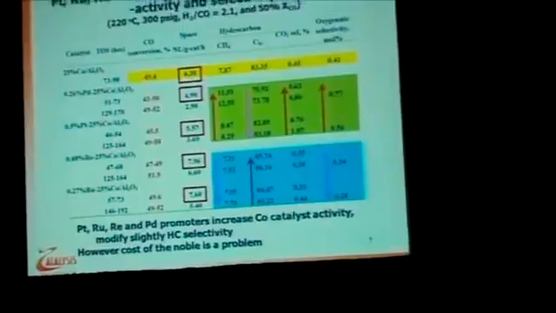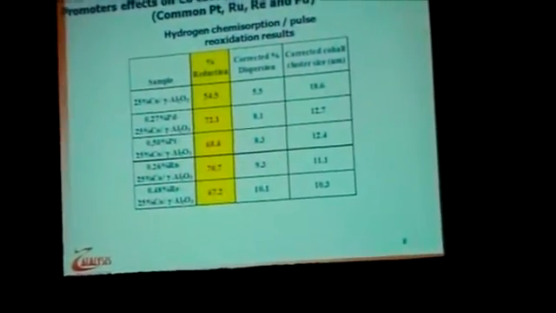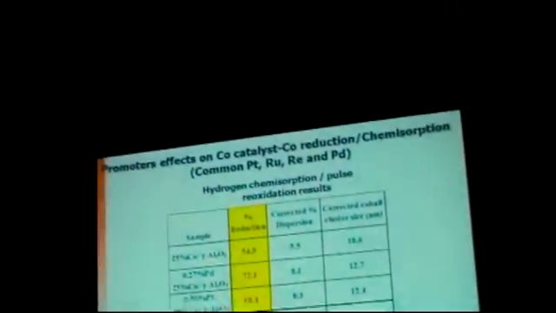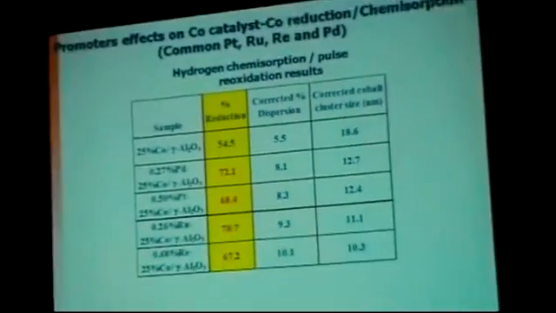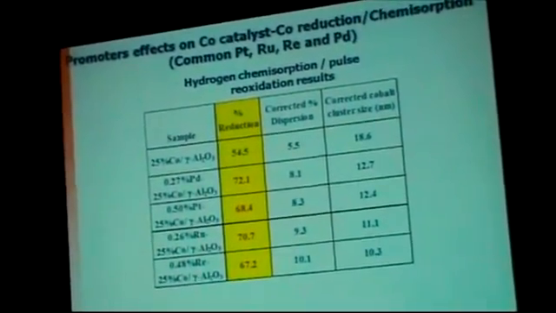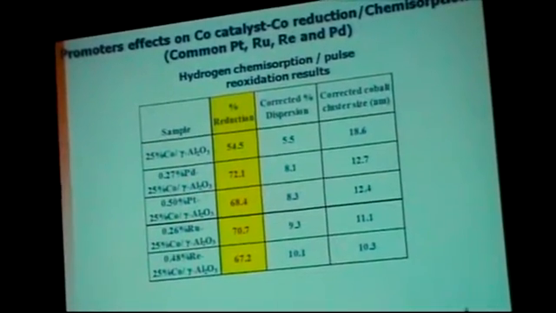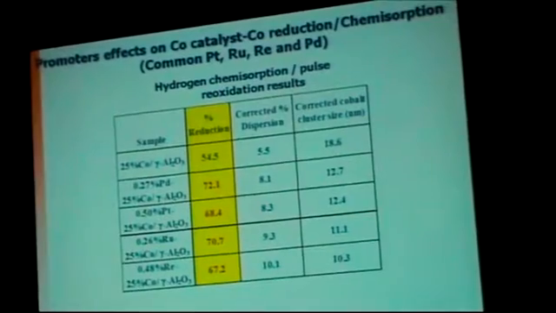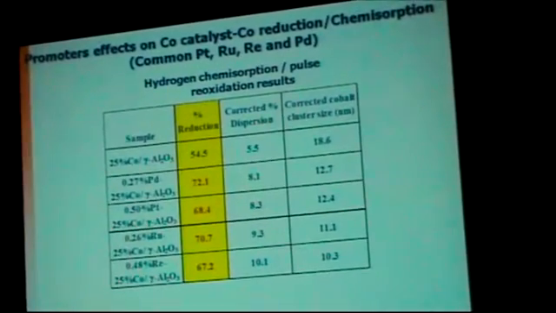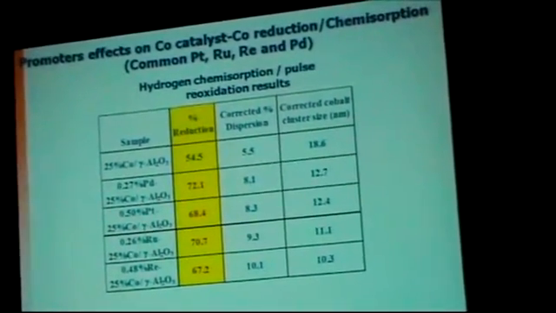So these results are consistent with what we got from the chemisorption study, which shows noble metals increased cobalt reduction and also increased the cobalt dispersion significantly. However, we must remember the price of cobalt is an issue.